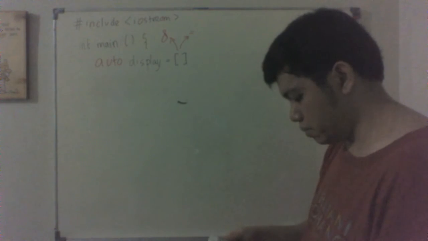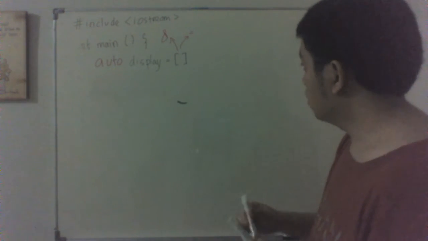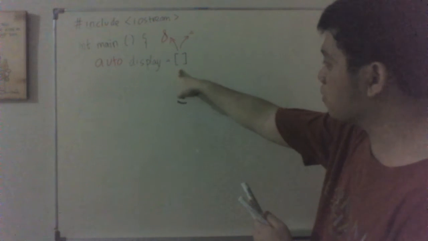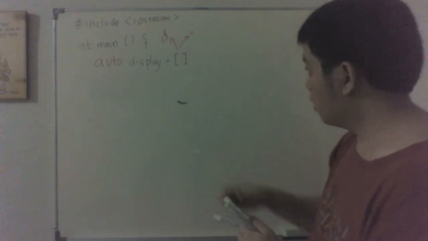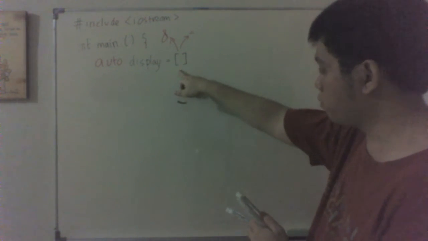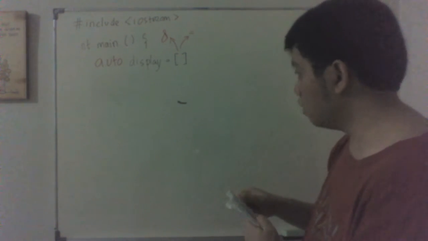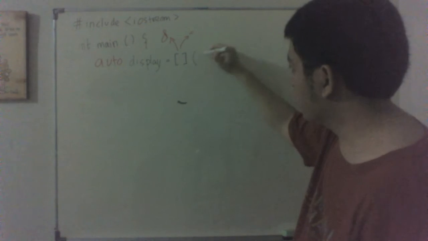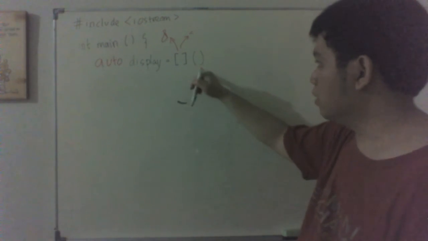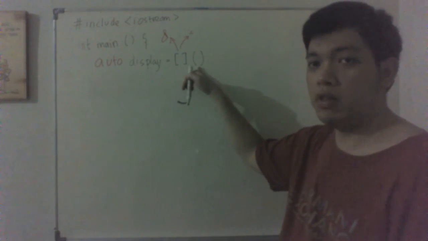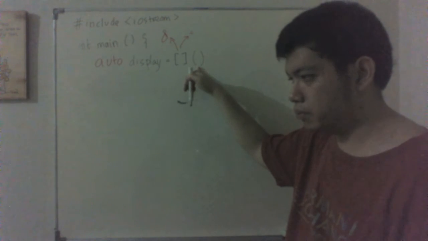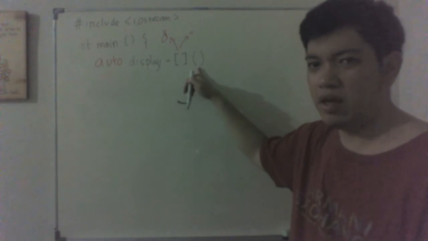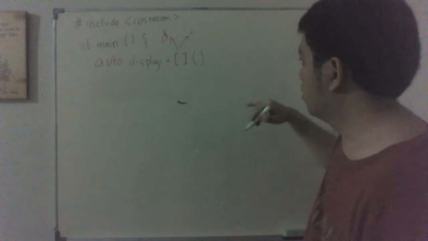So the first bracket in the series here is the square bracket, and then the second one is actually the parenthesis, right? But inside this parenthesis, we're not gonna put any argument because, again, we don't need anything.